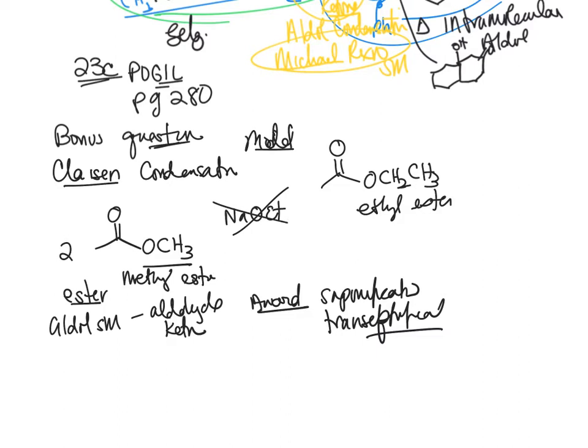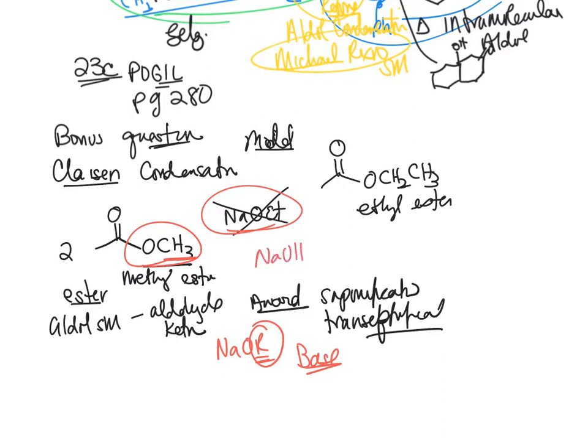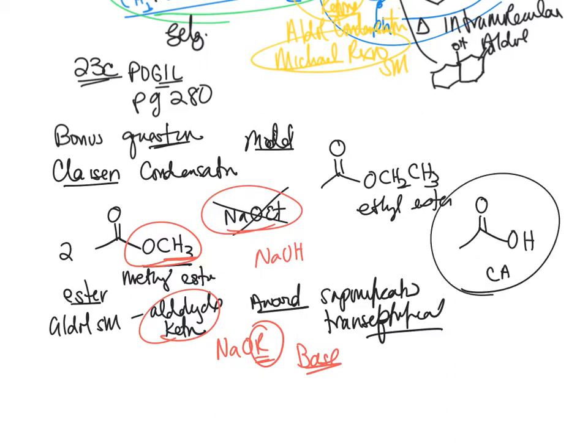That's why it matters. You want to use sodium methoxide, or sodium alkoxide NaOR, where this R matches whatever ester you have here. Remember I said the hardest thing is putting these together, but also figuring out what base to use. You don't want to use sodium hydroxide. That's what you use for the aldol, because if you do that, you're going to convert this starting material into your carboxylic acid. We do not want to do that with our starting material.